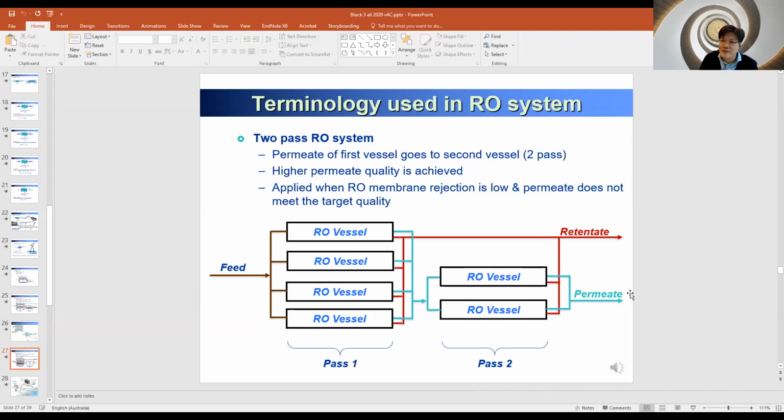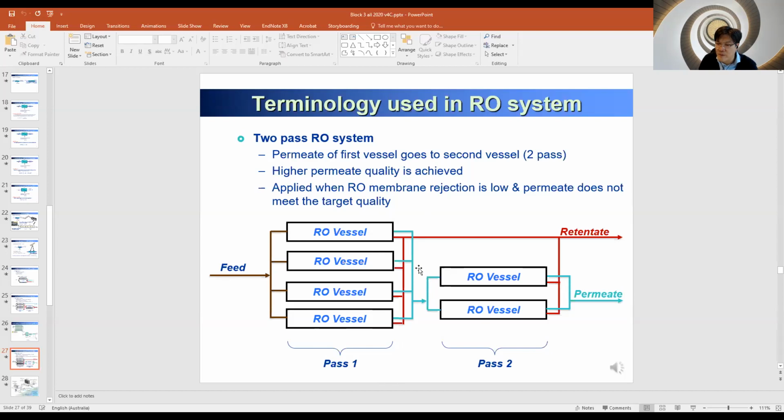So if you look at the assignment, when you remove the boron, in seawater we have around 5 milligram per liter. After the RO first pass, because boron is a neutral ion, it is very difficult to remove by RO.